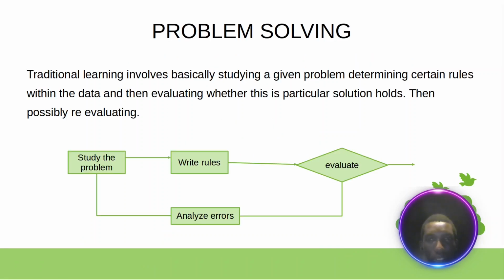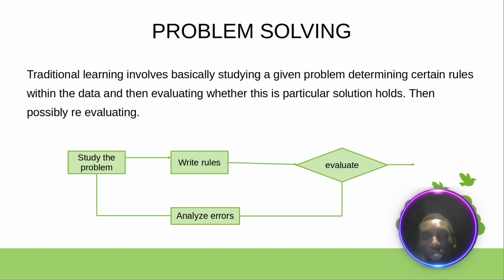First I wanted to begin with problem solving, since machine learning is basically problem solving. I wanted to look at the traditional way in which we solve problems. As you can see from this illustration, as humans or with traditional computer programming, we would study a given problem, then come up with a set of rules about that problem that would lead us to the solutions, and then evaluate that particular solution.